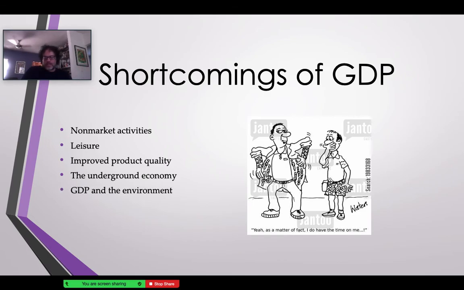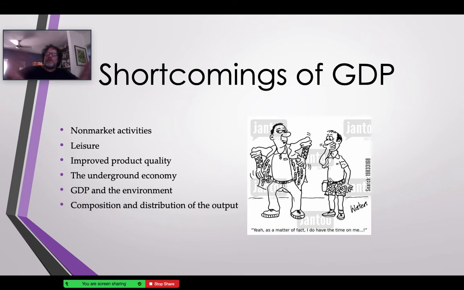And then GDP and the environment, I talked about this a little bit, right? How do you quantify clean air? How do you quantify clean waterways and things like that? It's not counted in GDP. And then this is something that they talk a lot about in America, right? You hear the stock market's doing well, right?